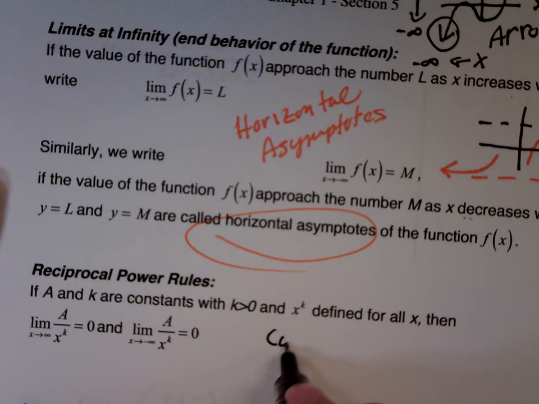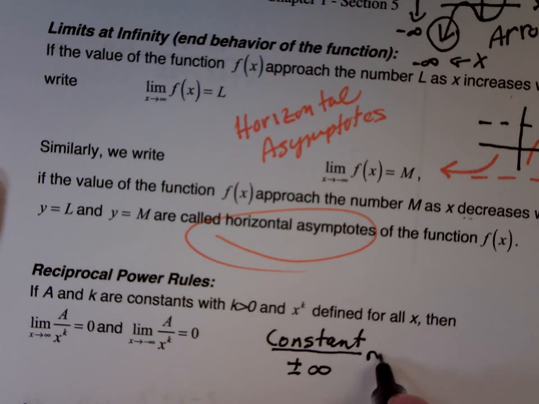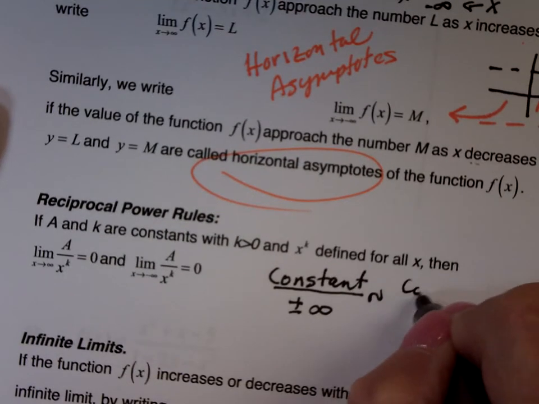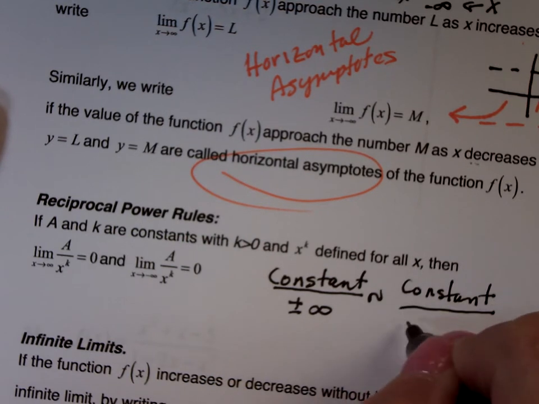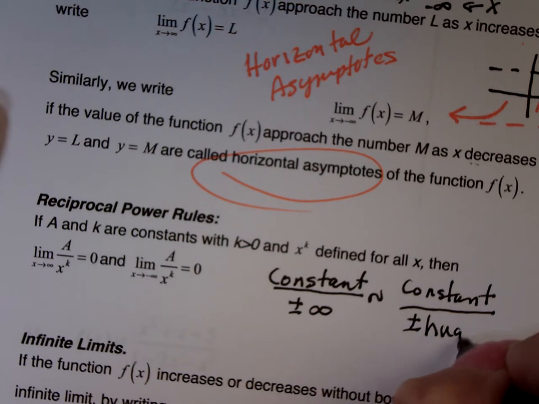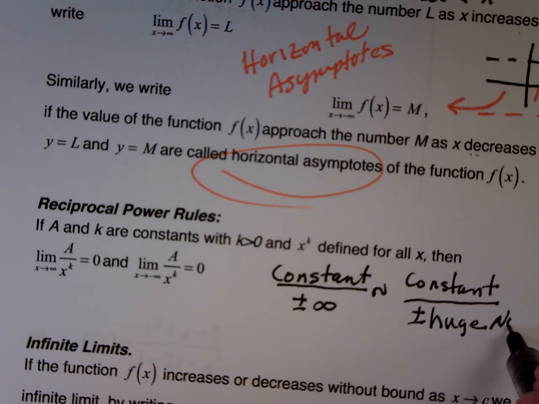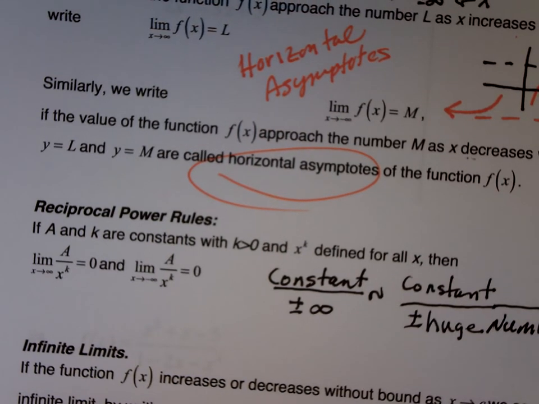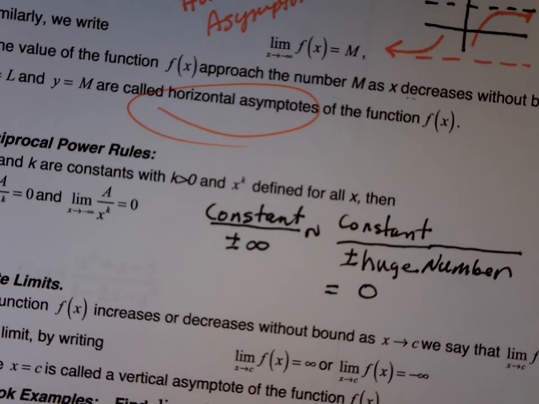A constant divided by plus or minus infinity, or a constant divided by plus or minus huge, huge number, is going to be equal to 0. Because the denominator gets so big that for all intents and purposes it's 0.